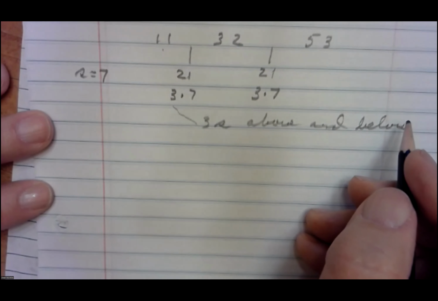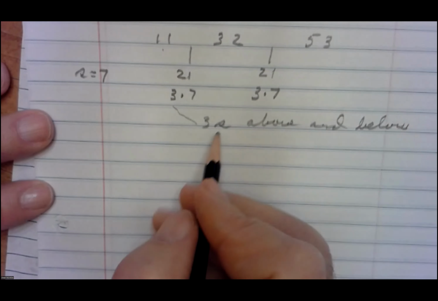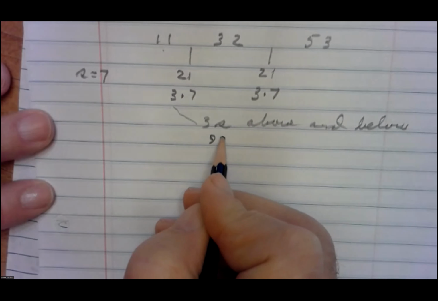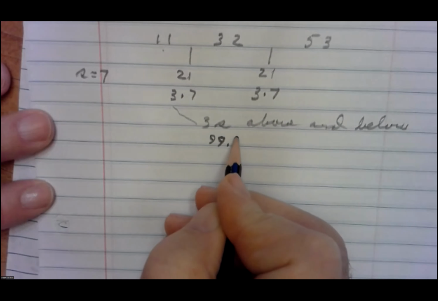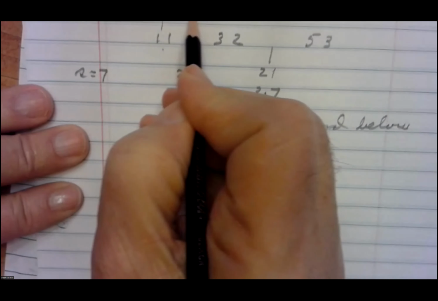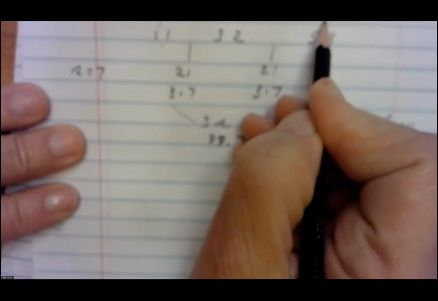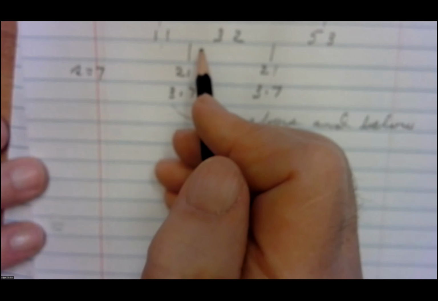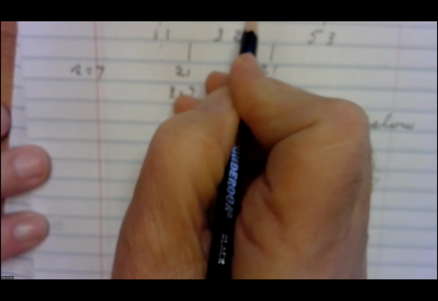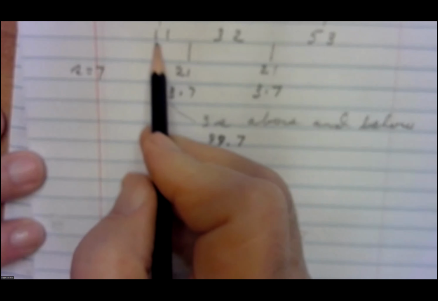And according to the empirical rule, that's 99.7%. So we know that according to the empirical rule, the original raw data set, 99.7% will fall between 11 and 53.